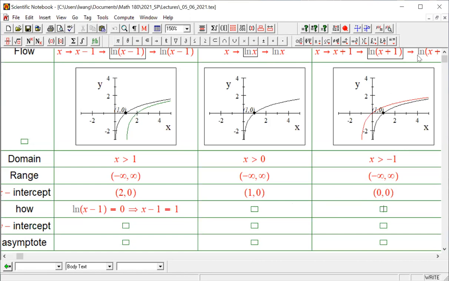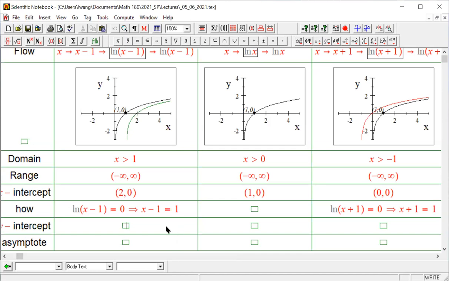And this other one is ln(x) plus 1 equals 0. And then the normal step you would have taken to find the intercept, so you get x equals 0, 0.